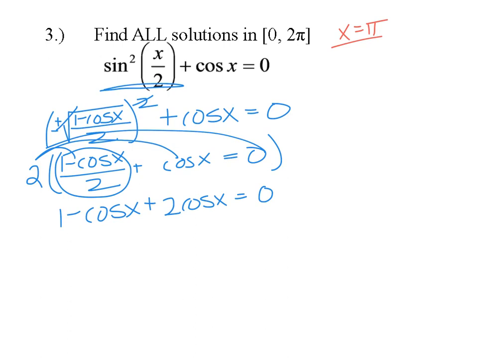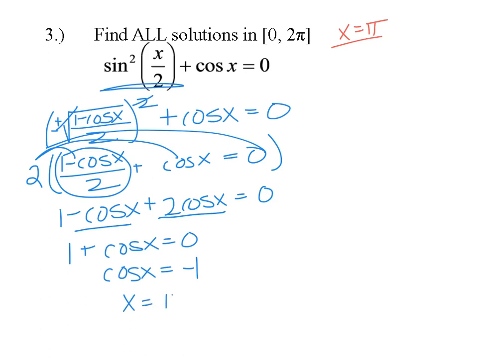So since we've multiplied everything by 2, we've kept it balanced. Then from here, this negative cosine x and this 2 cosine x can be combined to be 1 plus a 1 cosine x. And then subtract 1 from both sides to get cosine of x equals negative 1. Now cosine of x is equal to negative 1 in just one spot, and that is at pi. So that's where our one solution of pi comes from.